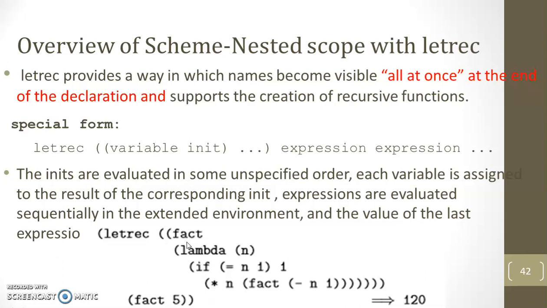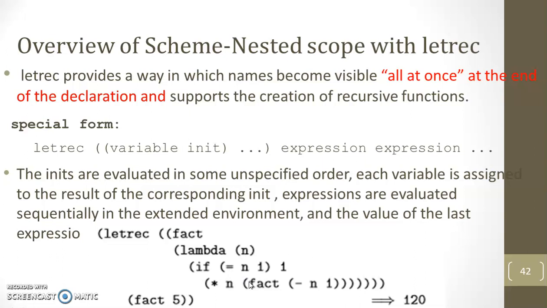This name will be initialized to some value, that is, a lambda expression will be used: lambda of n, if n is equal to 1, return 1, else perform the multiplication of n and fact of n minus 1. If the expression is given as fact 5, then 5 is given as a parameter to the lambda expression.